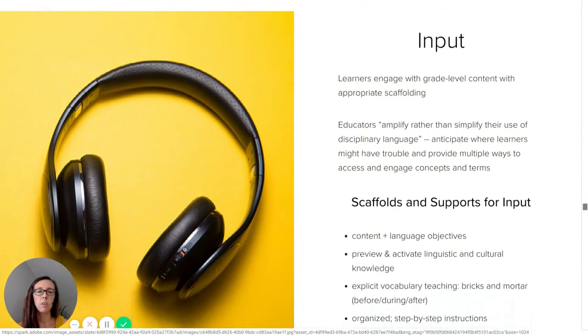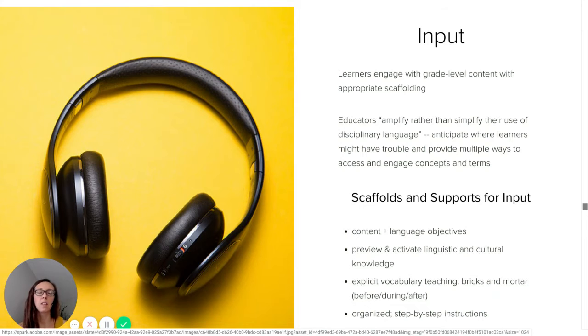And instead of trying to simplify our language, what is suggested through research is that we amplify our language. So this is where we anticipate a spot that a learner might have trouble understanding what we're communicating, and we'll provide multiple ways to support them so that they can access and engage in the concepts and terms.